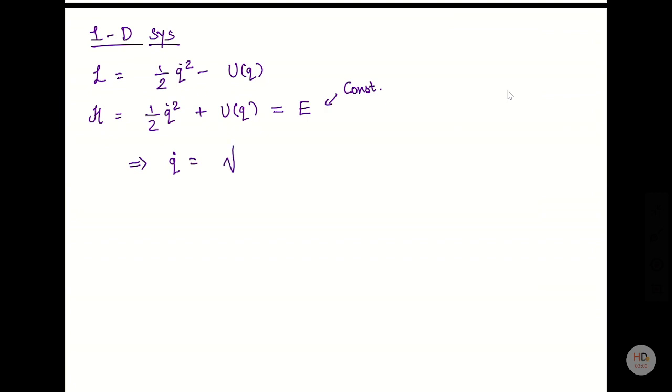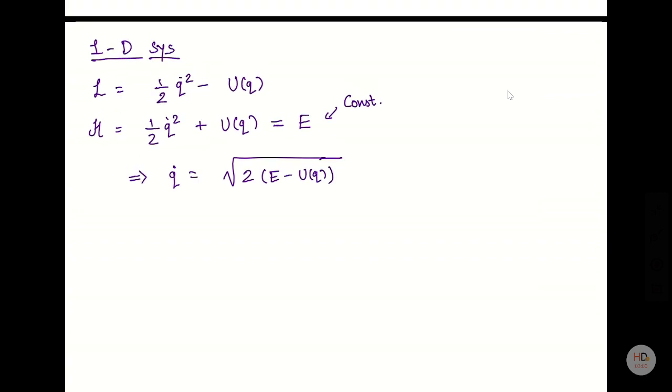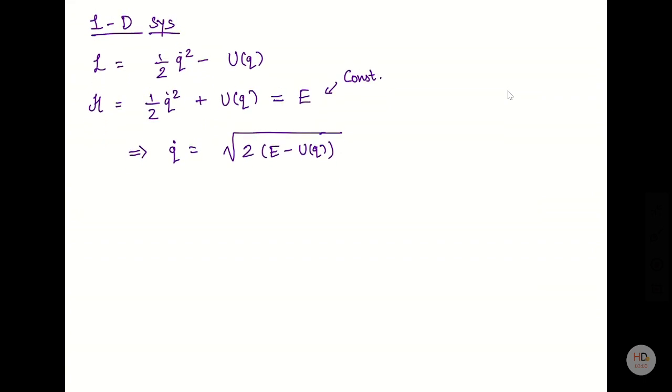Square root of 2 times e minus u of q, from which we immediately see that the potential should be less than the total energy of the system. So we can integrate this. We have dq by dt is equal to square root of 2 times e minus u of q.